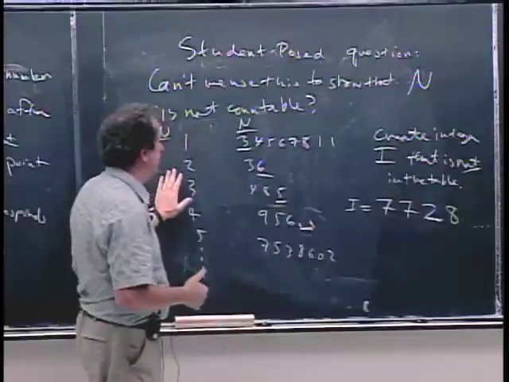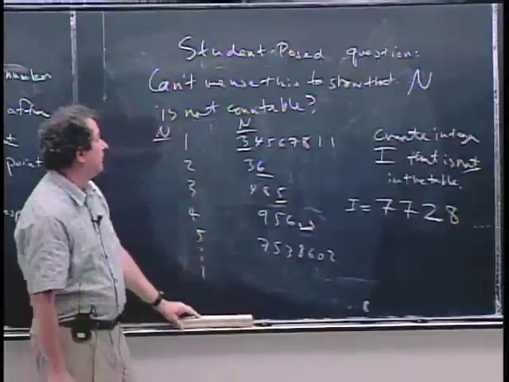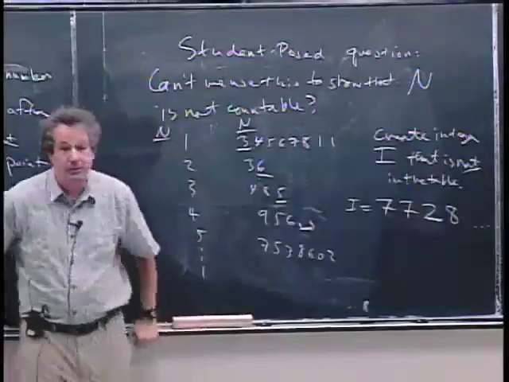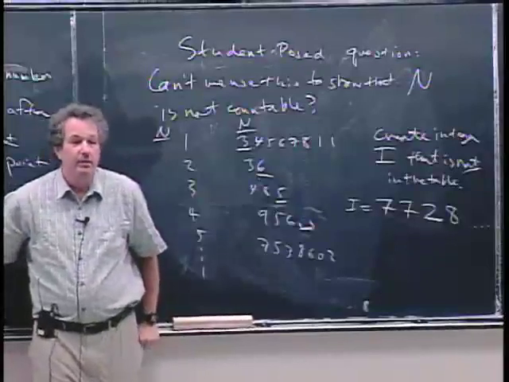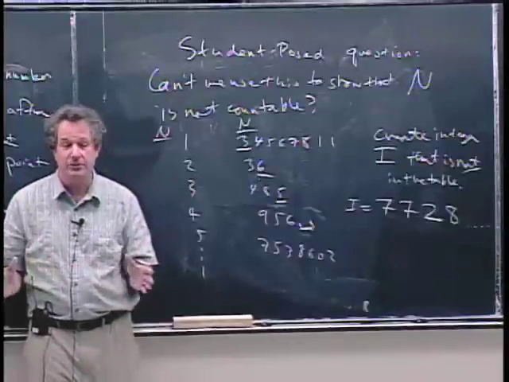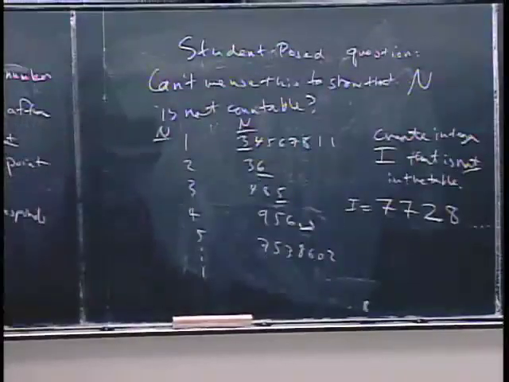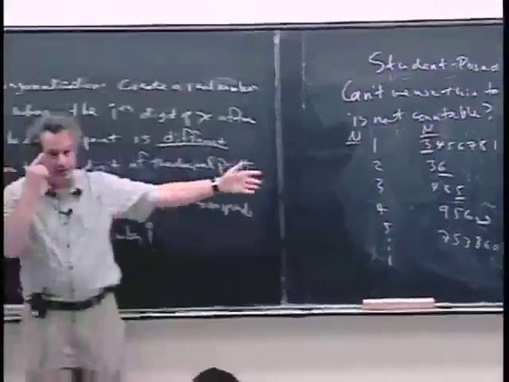Okay, so this is diagonalization. This is Cantor's proof that the real numbers are not countable, and therefore they're a different infinity, a bigger infinity than the naturals. Okay, if you can conceive of what it means to be a bigger infinity. But anyway, technically, it means that they're not countable.